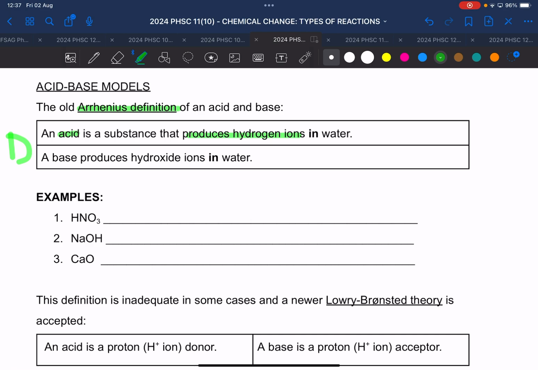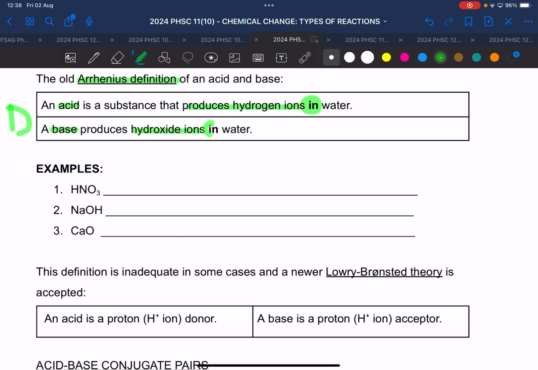And a base is a substance that produces hydroxide ions in water. Okay, so he said that is the definition of an acid and a base. Okay, let's apply it. And sorry, he says in water, in water. So if we look, what he thought happened is the nitric acid molecule in the presence of water splits up into the hydrogen ion and the nitrate ion.